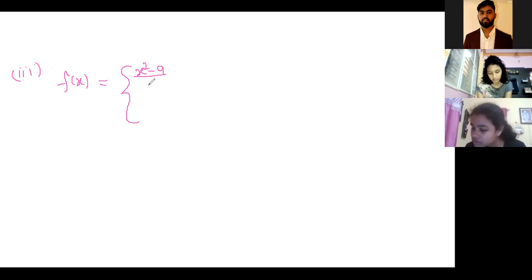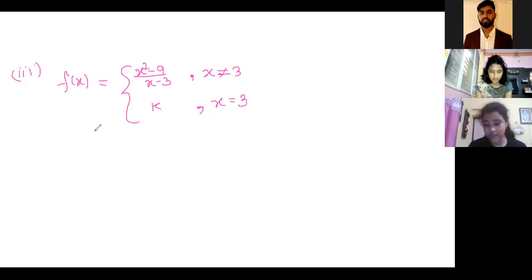Okay, so I'm writing the function over here. x square minus 9 upon x minus 3, x is not equal to 3. Now this question is slightly different from the other two that we have discussed already, and at this point it is equal to 3.